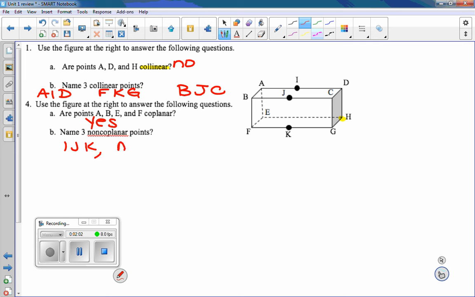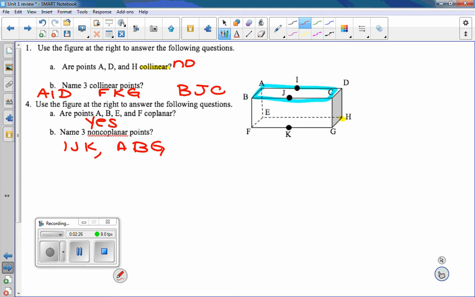A, B, and what? Give me a point that would not be on there. A, B, and C would be on the same plane because it would be this top. Give me another one. A, B, and G. Do you see there's no way that they're on the same plane? Okay. There's multiple answers.